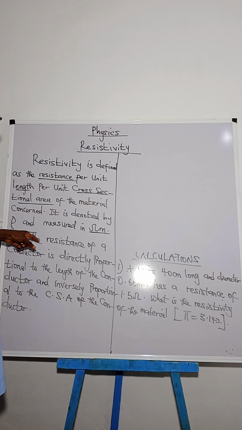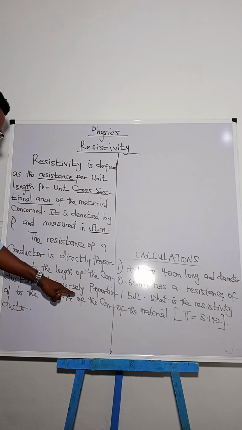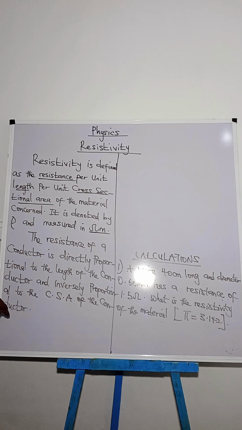All right. Now the resistance of a conductor is directly proportional to the length. Please take note, directly proportional to the length, and inversely proportional to the cross-sectional area of the conductor.